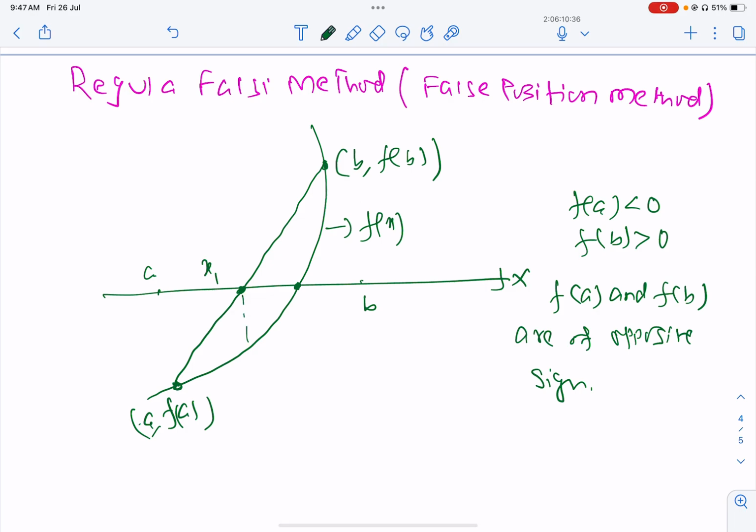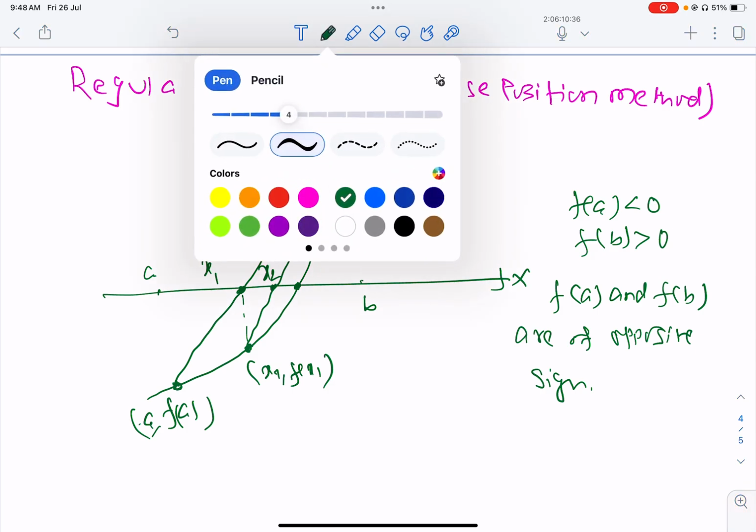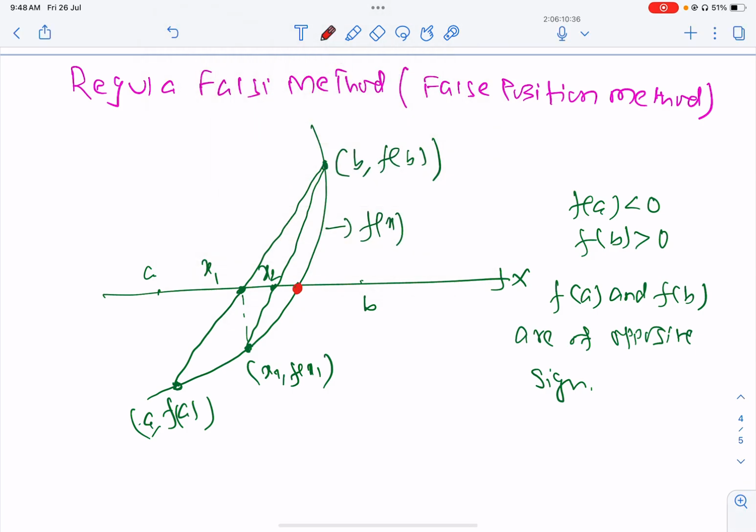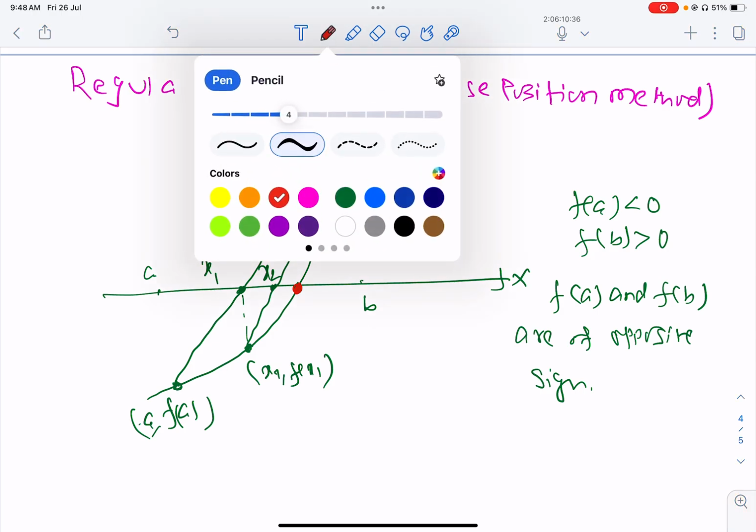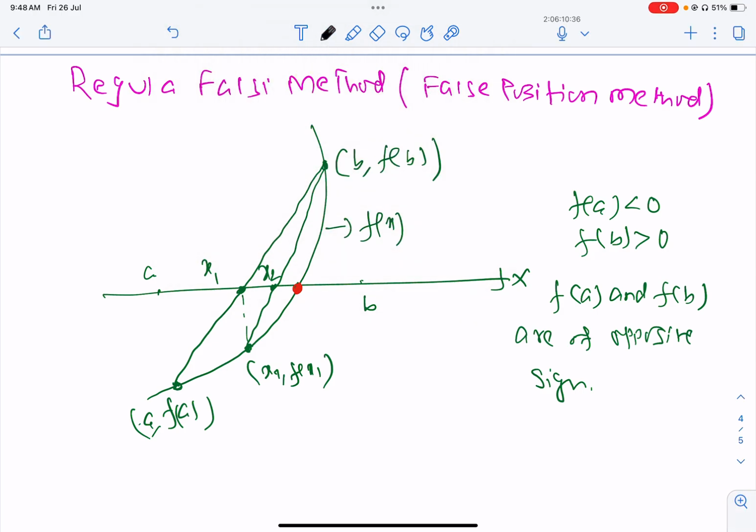Then here is a point x1, f(x1), and again we join these two points, and then we have the next approximation x2. So in this way we are approaching our exact root. Okay, so that is the idea behind it.